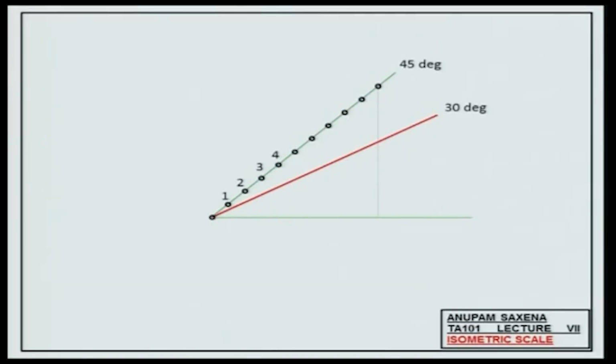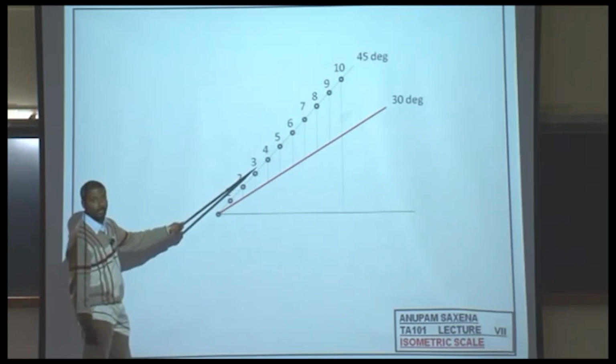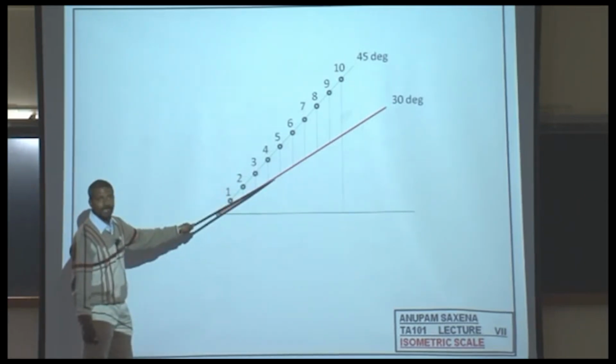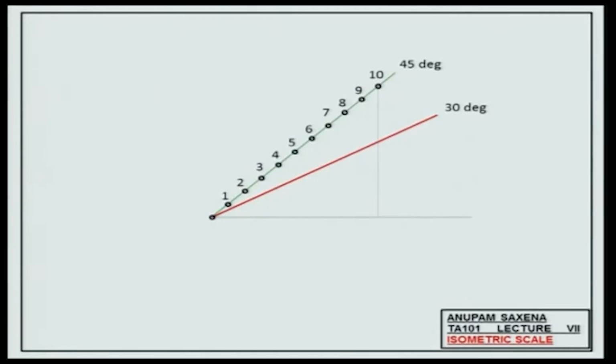Mark these points, draw verticals on the red line from the green line. So this is the true scale, and this is the isometric scale. This is the second take home message from today's lecture.